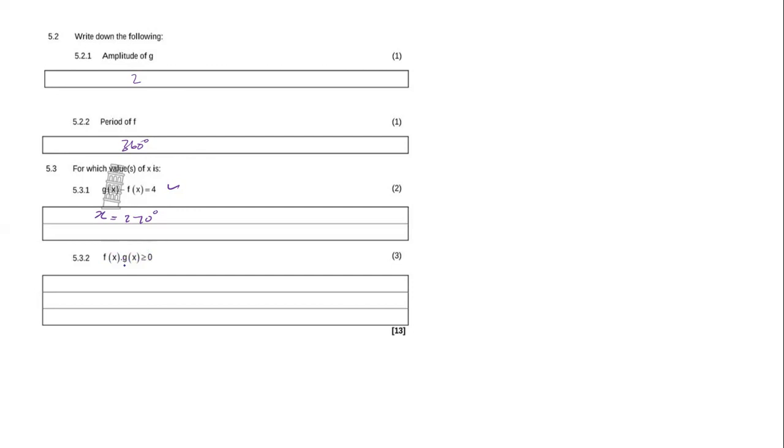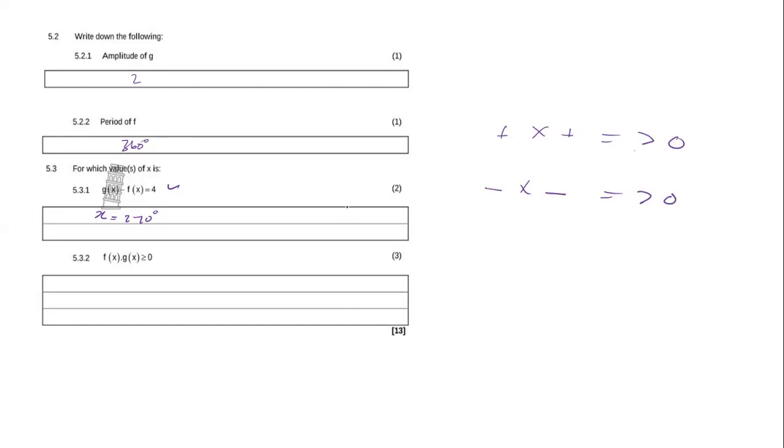So remember what I said to you when it comes to questions like this: f at x multiplied by g at x, positive. How do we get positive? It's when you say positive multiplied by positive, you get something which is greater than 0, right? Which is positive. Or when you say negative multiplied by negative, you're going to get something which is greater than 0, which is most definitely positive.